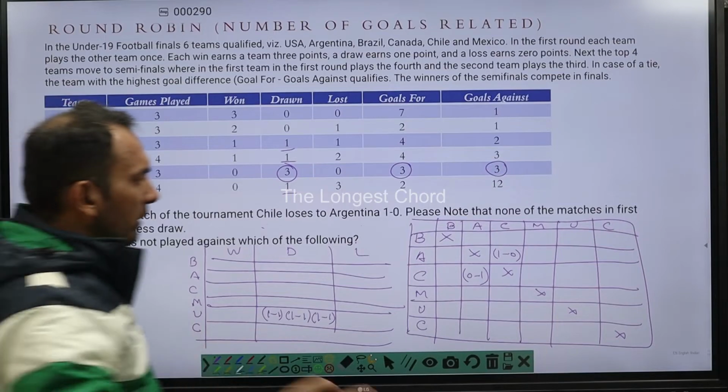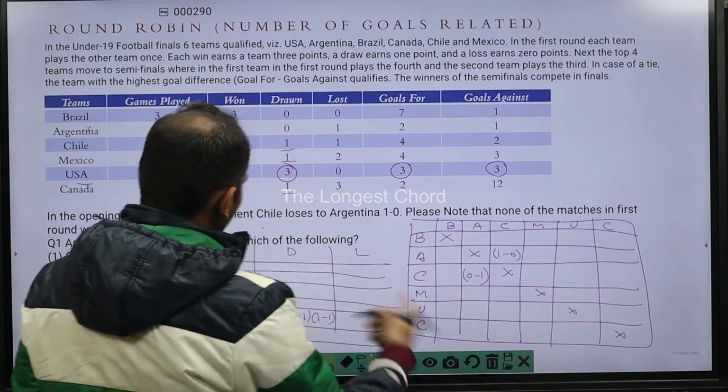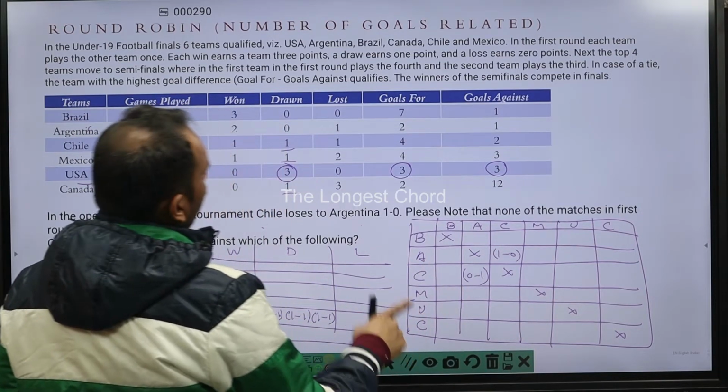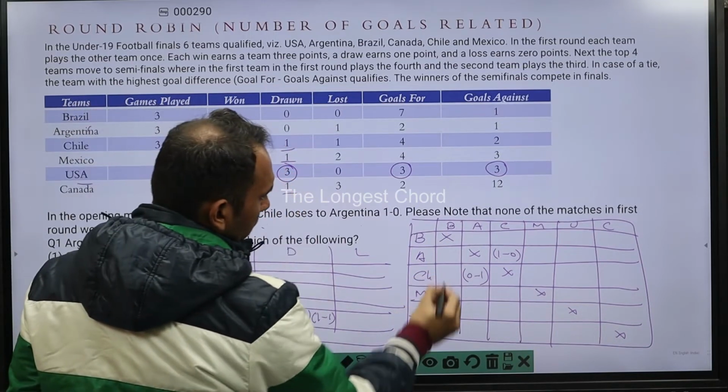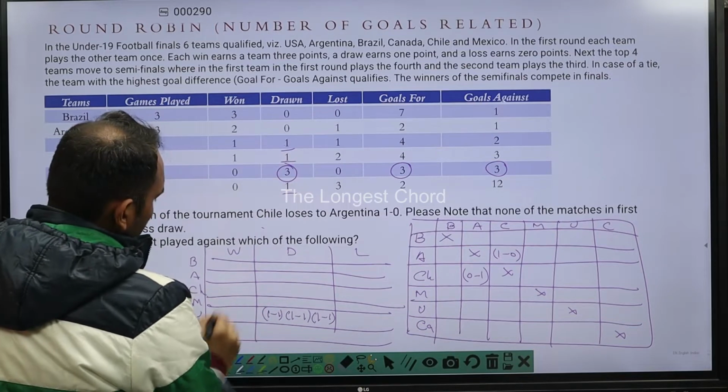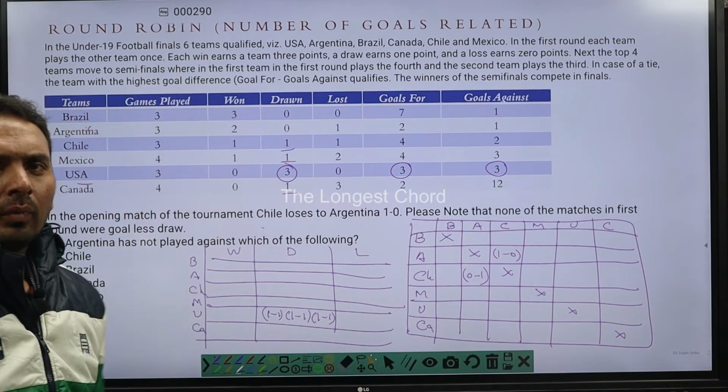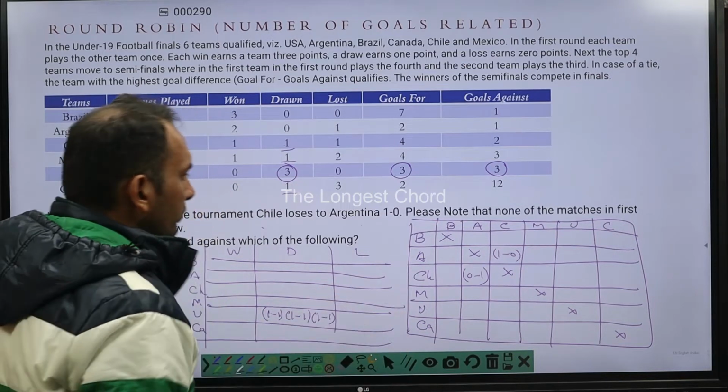And we can assemble this data here also. So we can say that USA against CM and C. So this is CH and this is CA. So you can assemble this data.